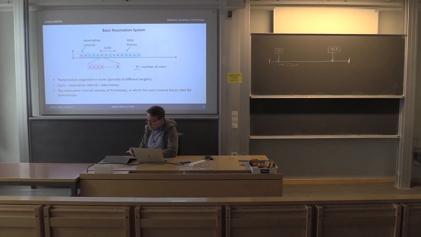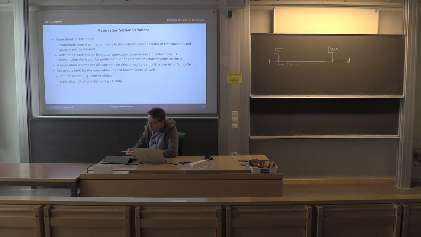Okay, so let's go through this. We have transmission in cycles, possibly of different lengths. A cycle is a reservation interval plus data frames. The reservation interval consists of N mini slots in which the users reserve the future slots for transmission.